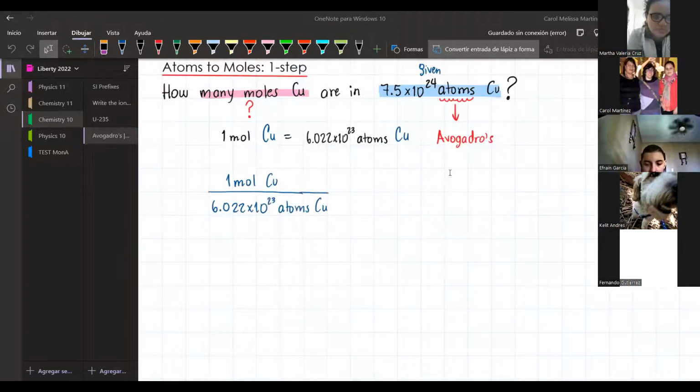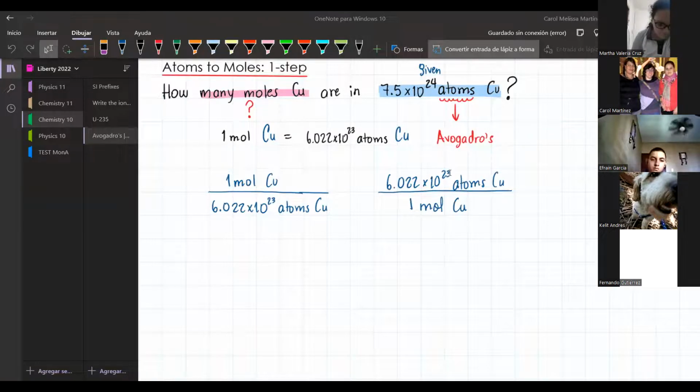Or you can write it the other way: 6.022 times 10 to the 23rd power atoms of copper are inside 1 mole of copper. This is the same conversion factor, but written as a fraction.